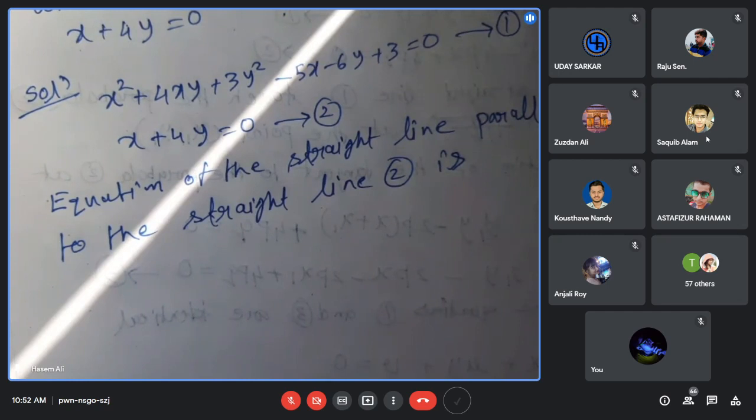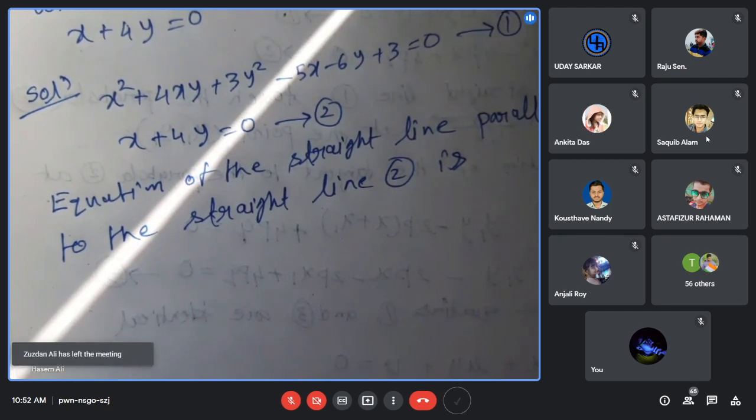If the lines are parallel, then their gradients are same.